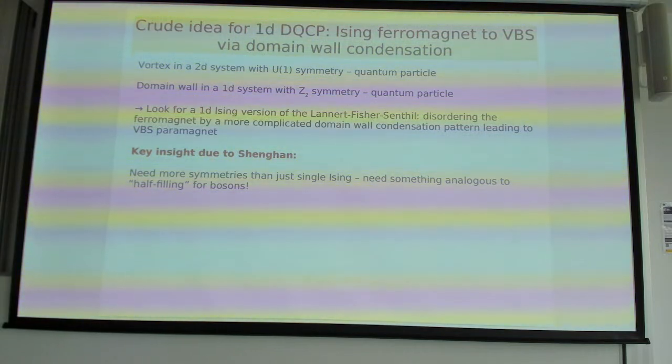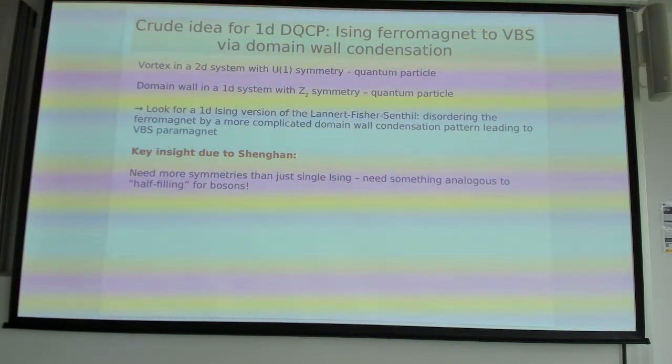Yeah, so I am thinking in more concrete terms. For me, some lattice model and thinking in terms of defects in the order parameters were my motivation and my thinking about this. I'm not sure. I was trying this for some time back in 2005 or 2006, and I could not come up with any Ising version where something similar to Lannert, Senthil, Fisher worked.